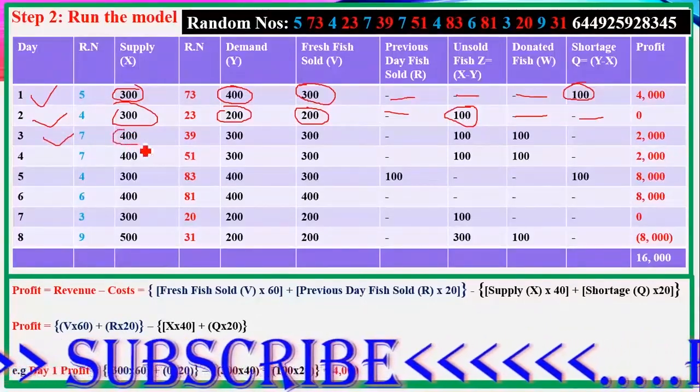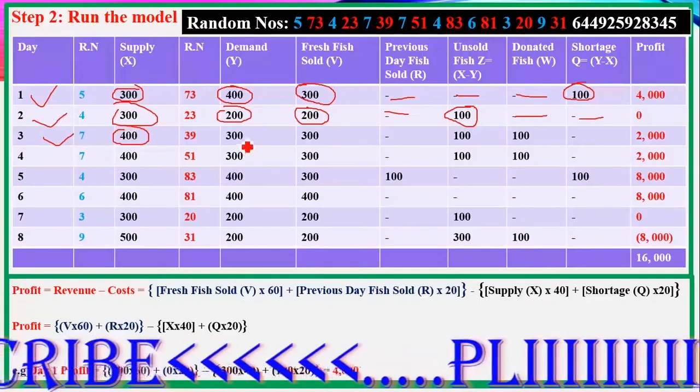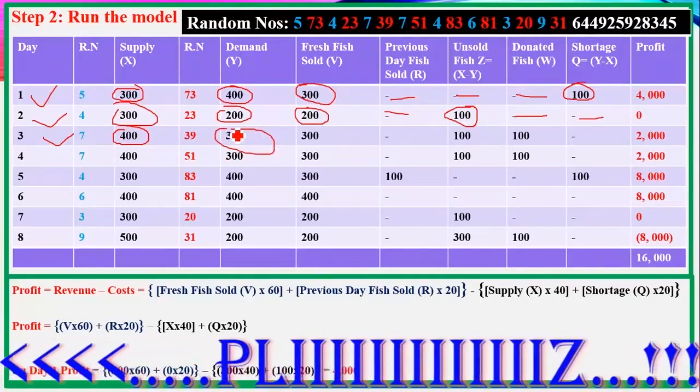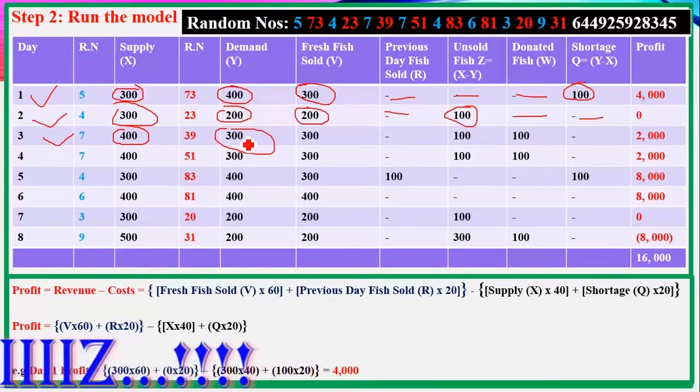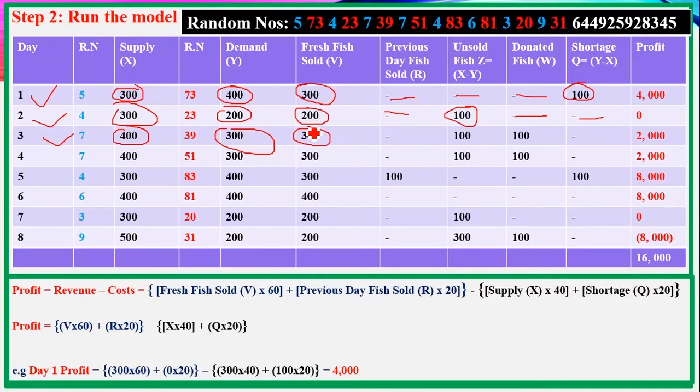We go to day 3. The supply is 400. Then the demand is 300, right? So as you can see, the supply is again higher than the demand. So we are going to sell 300 that is demanded and remain with 100. So we have 100 unsold here.